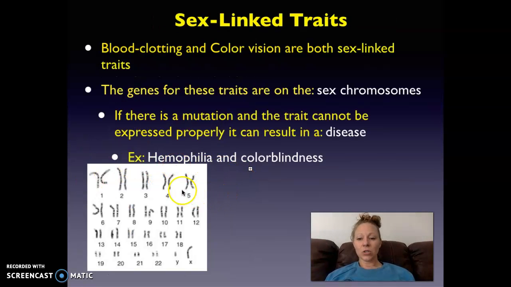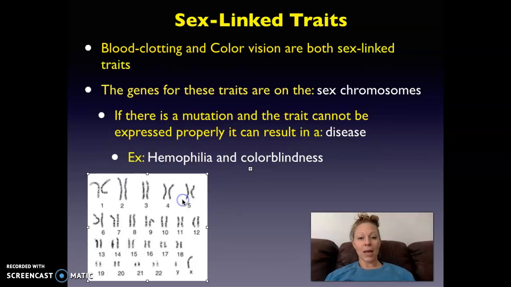And so sex-linked traits, blood clotting and color vision, are both sex-linked traits. That means that they're on these sex chromosomes. And so if there's a mutation on these chromosomes, then the trait is not going to be expressed properly.